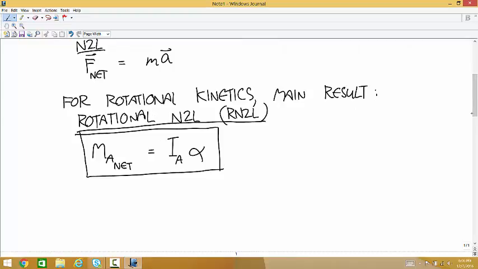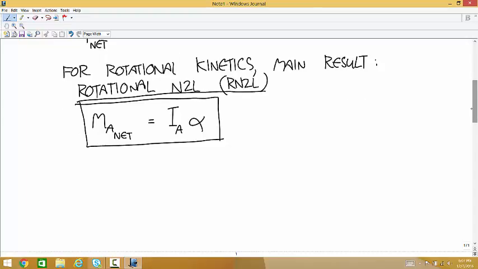And before we can do that, we've defined angular acceleration, but we haven't defined moments yet, torques, and we also haven't defined the mass moment of inertia.